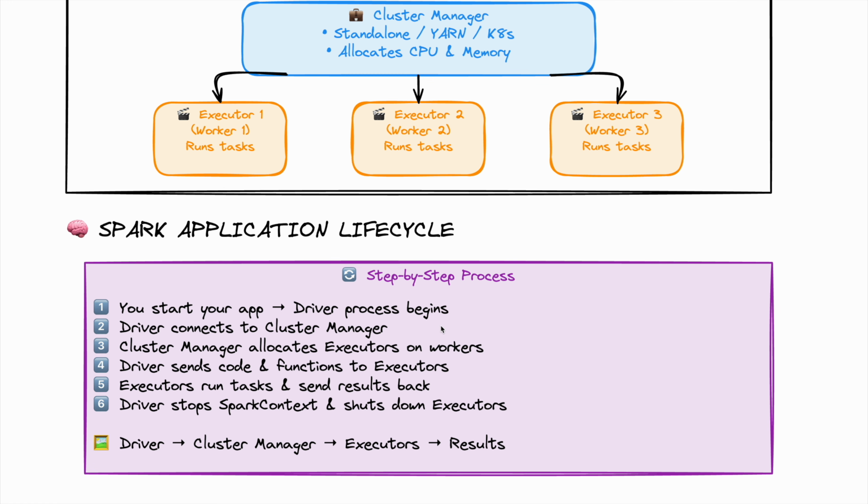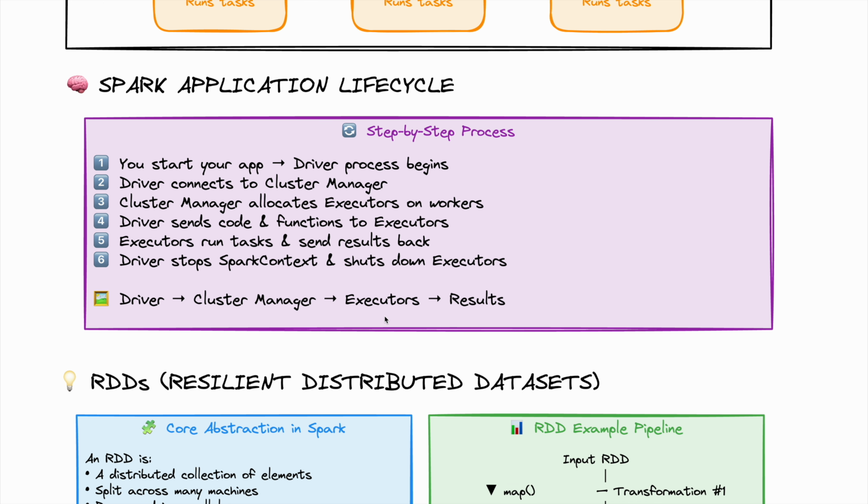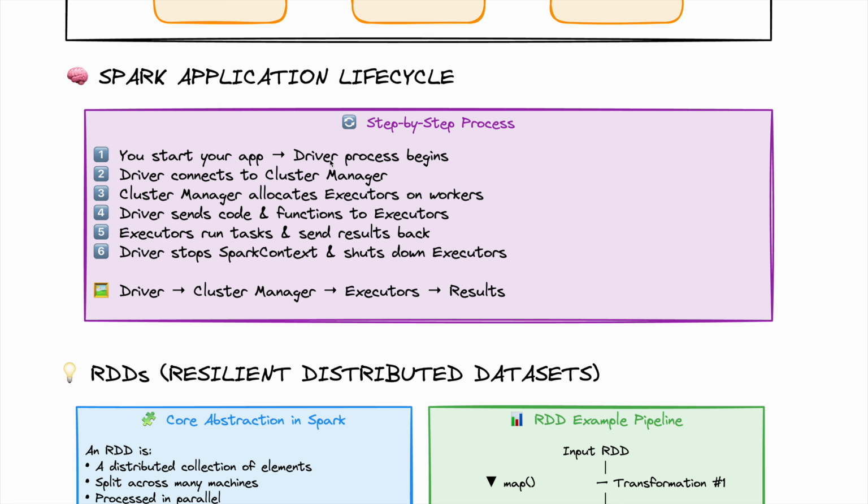If we look at the Spark application lifecycle step-by-step, when we start an application, the driver process begins, the driver connects to the cluster manager, as I've mentioned earlier, and the cluster manager allocates the executors on workers, which means that it allocates the resources that we need.